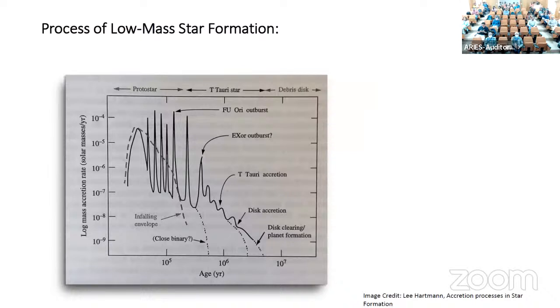So the process of mass accretion in these stars has a certain evolution. The tentative plot of log of mass accretion as a function of the age is shown here.